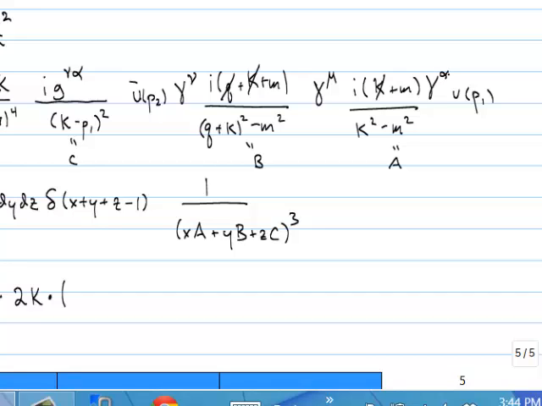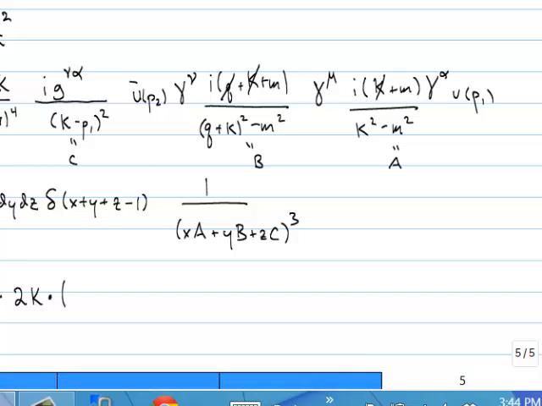Thank you. Good. Sorry, in my notes, I've written them down in a different order. So I guess A is k squared minus m squared, B is (q plus k) squared minus m squared, C is (k minus p1) squared.